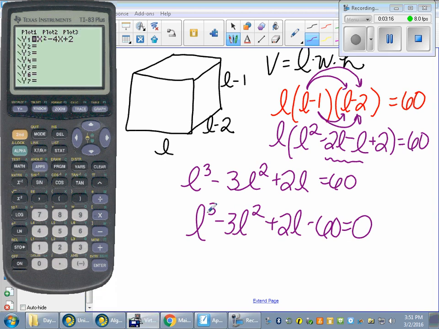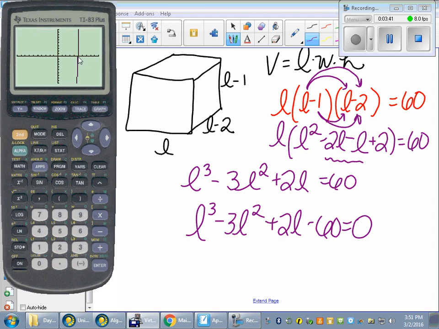And this is a cubic, so we could have up to 3 separate places we see that happen. So I'm going to type in my equation, and I'm using x's instead of l's, but it's the same idea. And I'm going to graph it. And that looks like that's probably my solution right there for what my length is.